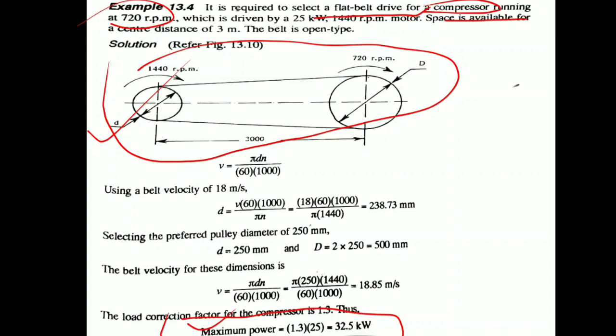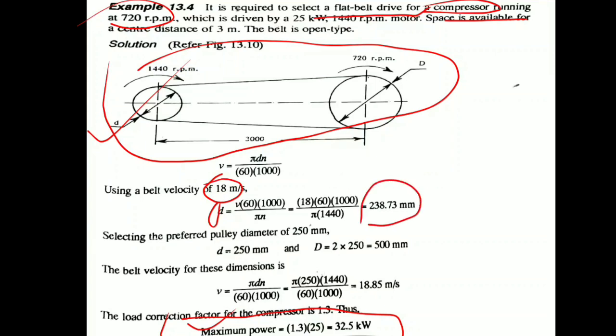The smaller pulley diameter we don't know, so I'll calculate d is equal to v into 60 into this. I told you we need to assume velocity between 17.5 to 22. So I have assumed 18 meter per second, and by putting this, I'll get the diameter of 238.